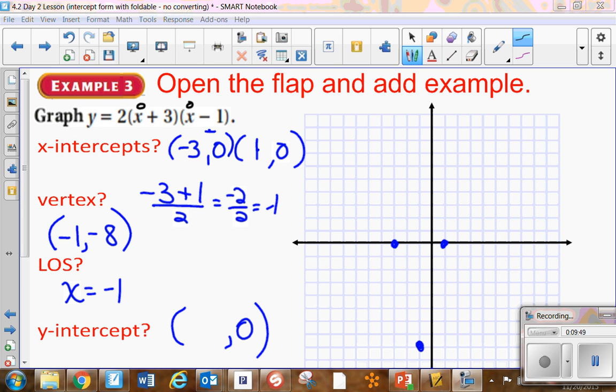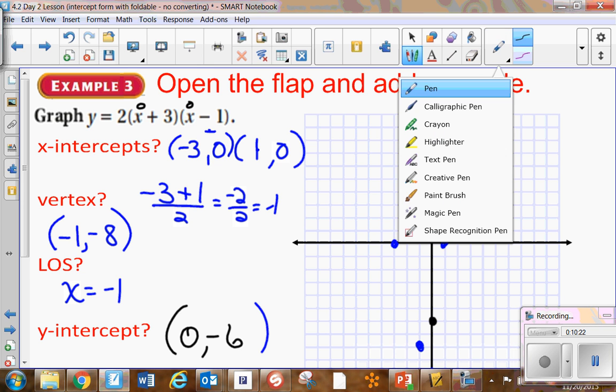That will give me 2 times 3, which is 6, times -4, which is -24. Whoa, I have those reversed, don't I? Yeah, 0, -6. 0 in the wrong place. 0, -6. Okay, now we're getting somewhere.